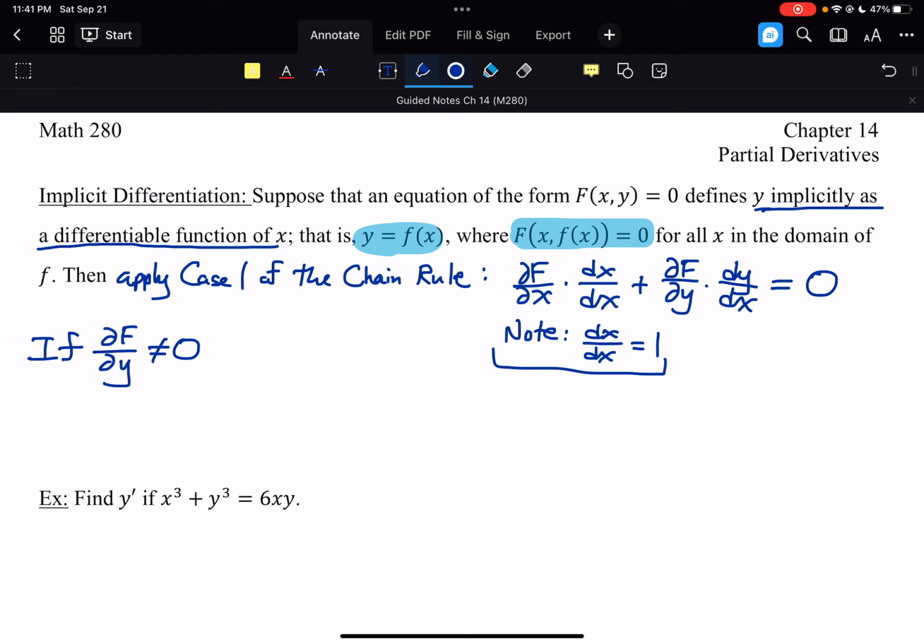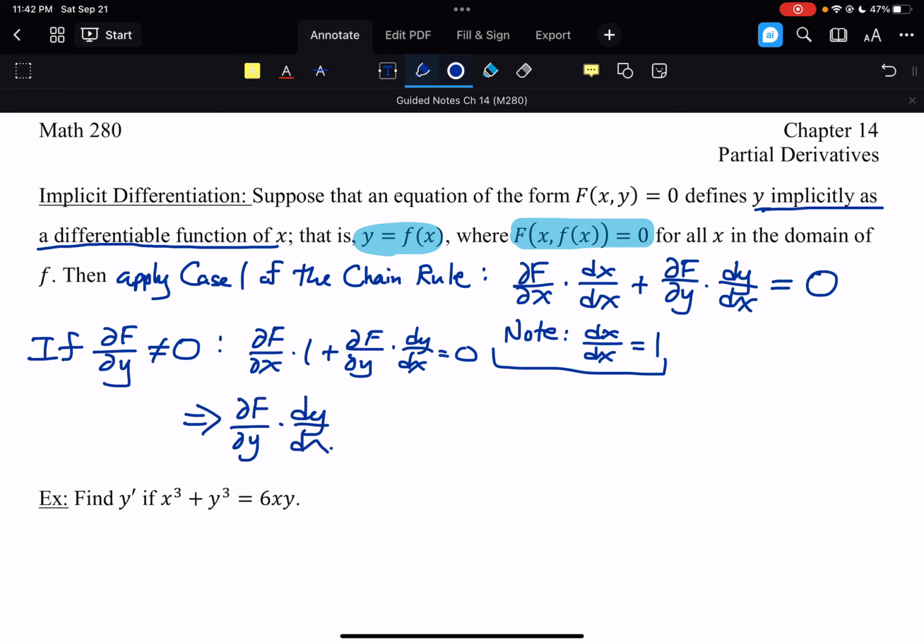Now, why would we do that? Well, because we're going to get partial f with respect to x times 1 plus partial f with respect to y dy dx equals 0. Subtract this one over. So we get partial f with respect to y times dy dx equals negative partial f with respect to x.